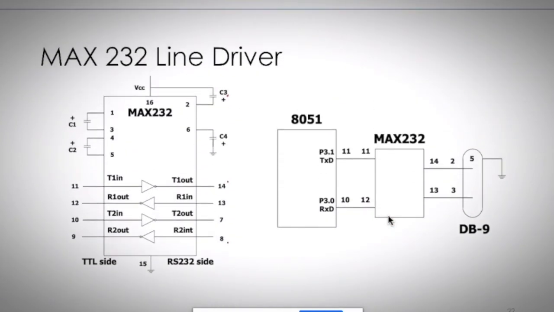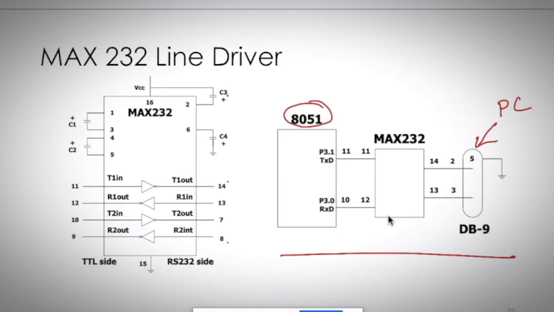Whatever I have explained, I have given here. Look at the right side part. We have a DB9 connector, which comes behind the PC, and we have a microcontroller 8051.